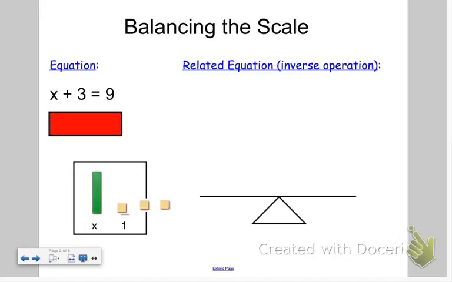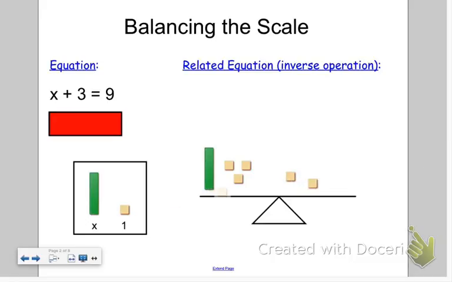That means on the left side of my equal sign, I have x plus 3. I'm going to put that on my scale: x plus 3 more, 1, 2, 3. On the right side of the equal sign, we have 9. So I'm going to put 9 algebra tiles over here.